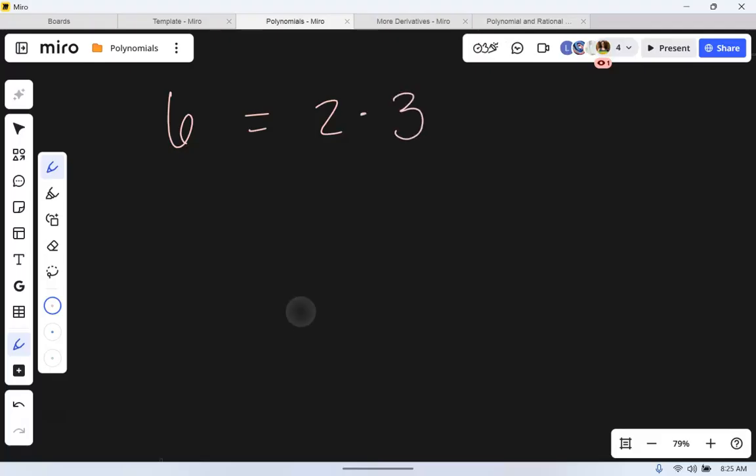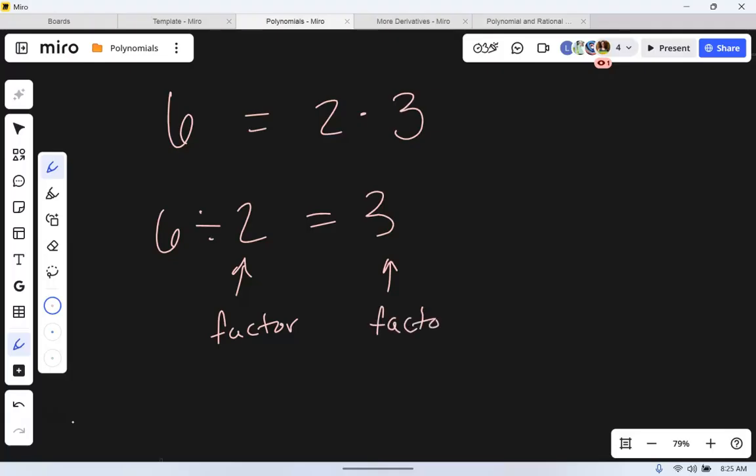So if I said 6 divided by 2, I divide by a factor, I get a factor, right? So essentially dividing is another way of factoring. Okay, and we'll get to all that probably tomorrow, maybe even the next day. But just to let you know.